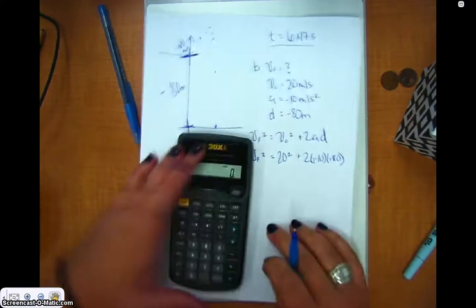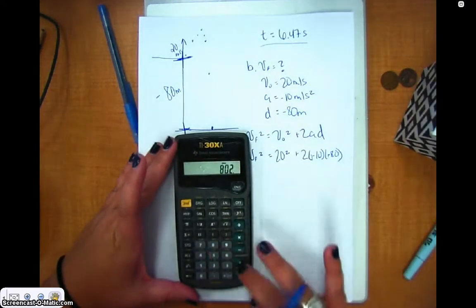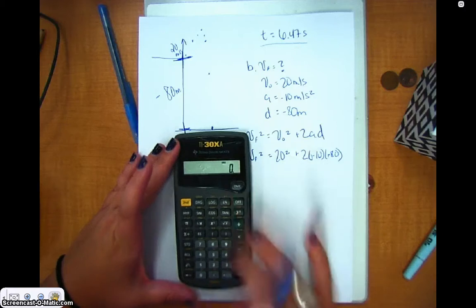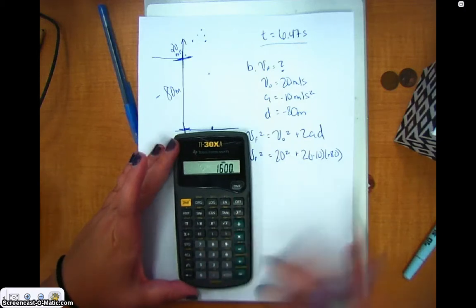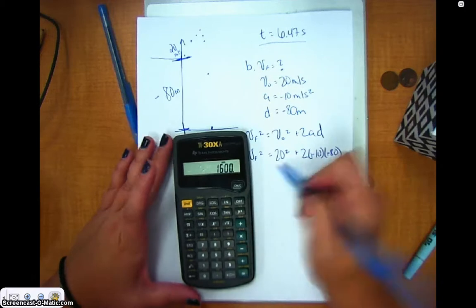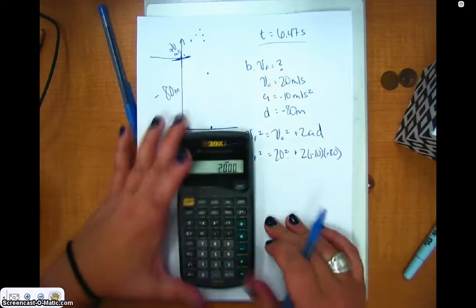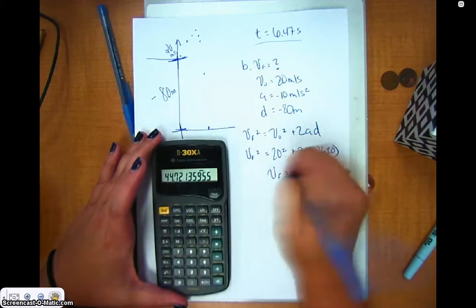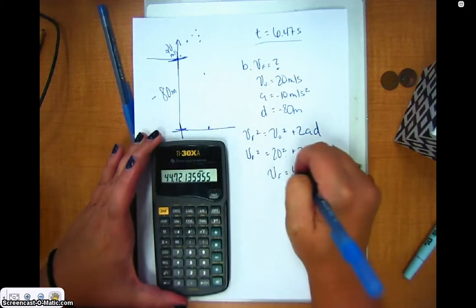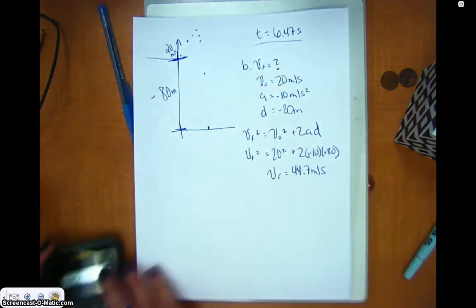So we'll have 10 times 80 times 2, which gives me 1,600, plus 20 squared, which is 400. So I get 2,000 is V final squared, and then take the square root. So the final velocity as that thing slams into the ground is going to be 44.7 meters per second.